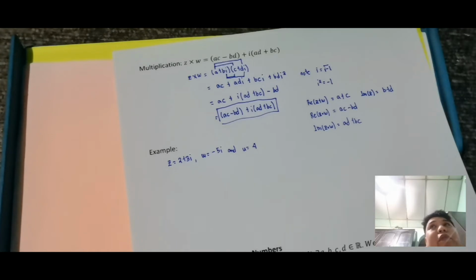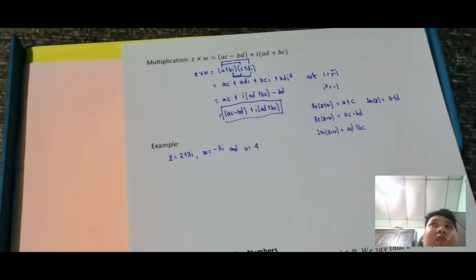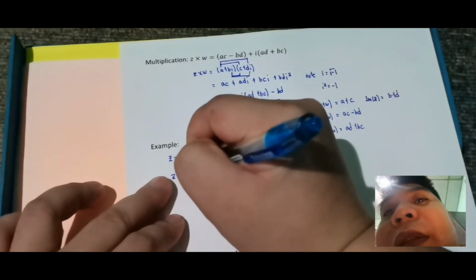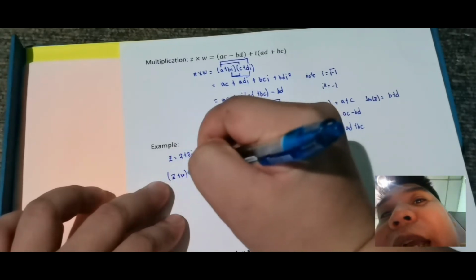Yung pangalawang binigay ko, walang real part, or may real part which is 0, pero hindi siya visible. Okay, so purely imaginary siya. Then, pagdating sa may U ko, purely real number lang siya, so 4. Although lahat sila complex number. So, anong papagawa mo, sir? So, operate natin si Z plus W times U.